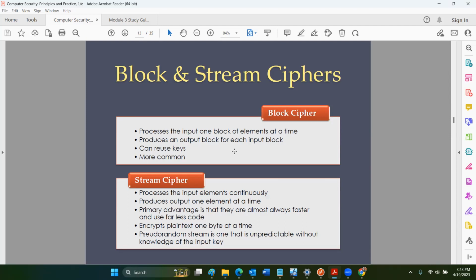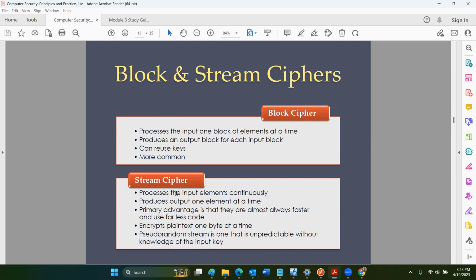So block ciphers we've been talking about to this point. They process an input one block of elements at a time, and it produces an output block for each input block, and the keys can be reused. And this is the more common version of symmetric processing or symmetric encryption.